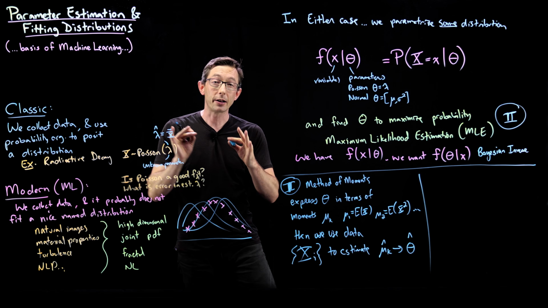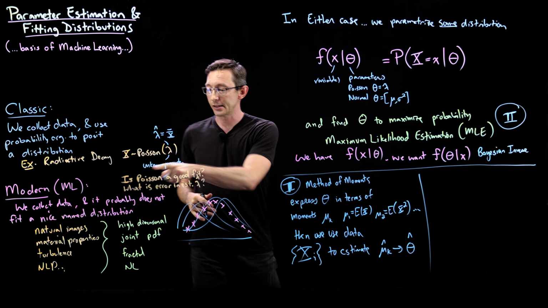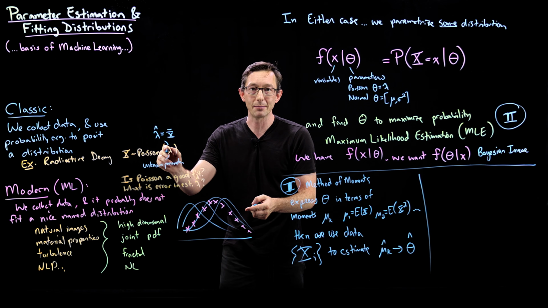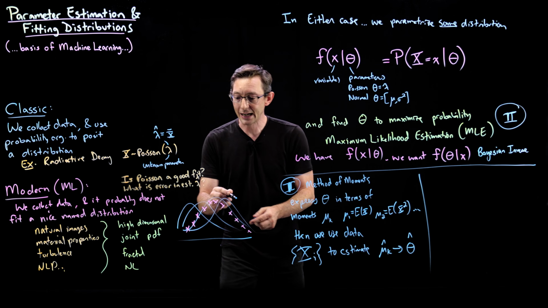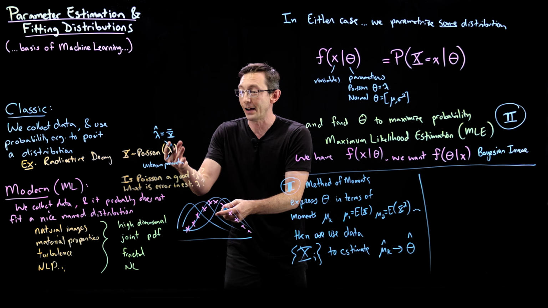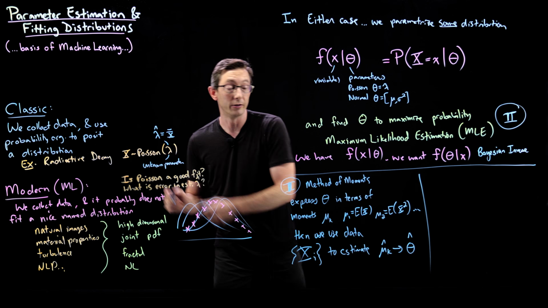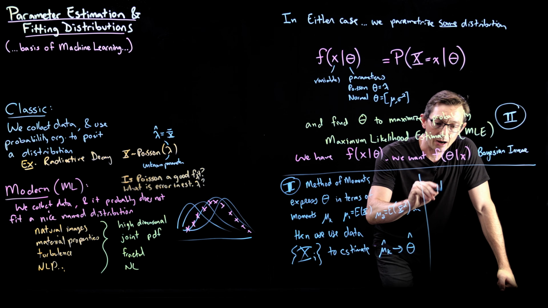Distribution fitting is very closely related to hypothesis testing. Is a Poisson even a good fit? I can find the best lambda that fits my data, but what if my data isn't Poisson? I can find a lambda, but it's still not a good fit. Is my distribution a good fit? This is related to hypothesis testing.